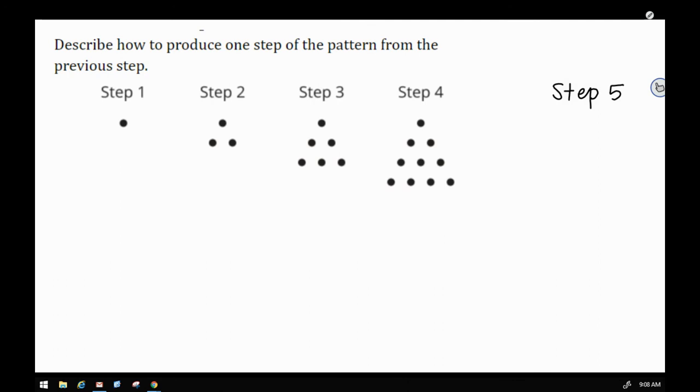All right, check your neighbors. See how smart they are. I thought you were supposed to tell us how to write a pattern, and then I verbally said, draw it in step 5. Well, there's no step 5 in the sheet, so I wrote it in.